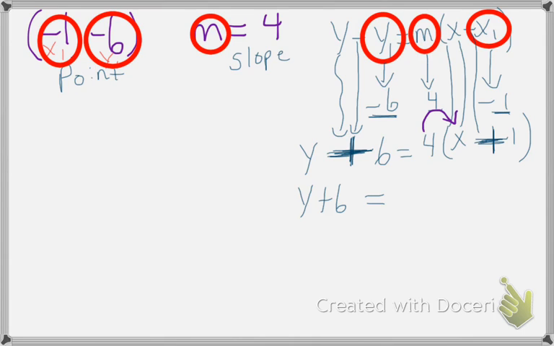4 times x is 4x. 4 times a +1 is a +4. Now we're almost ready so we can graph it, but we can't yet because this 6 is in the way. How do you move a +6? You subtract 6.